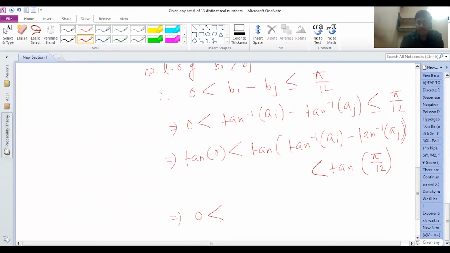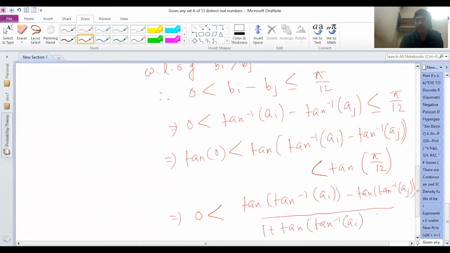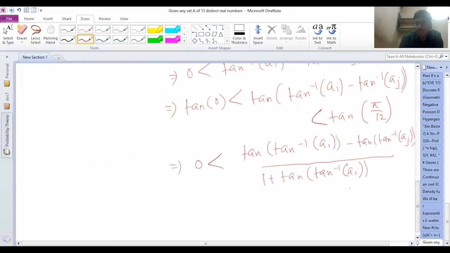This implies that 0 is less than (tan of tan inverse ai minus tan of tan inverse aj) divided by (1 plus tan of tan inverse ai times tan of tan inverse aj), which is less than or equal to 2 minus root 3.